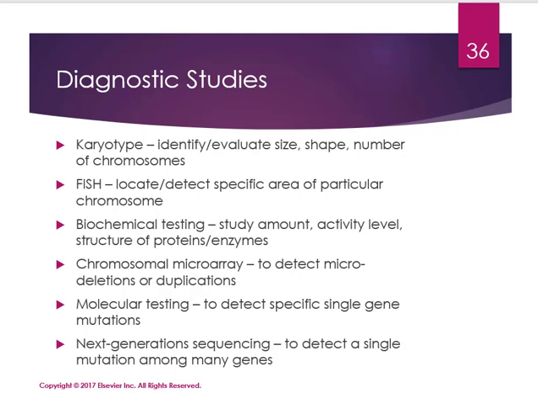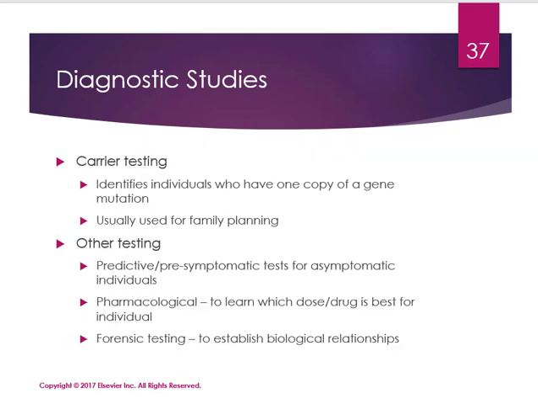Biochemical testing is studying the amount, the activity level, and the structure of the enzymes and proteins. A chromosomal microarray is detecting microdeletions and duplications. Molecular testing is detecting specific single gene mutations, and next-gen sequencing is detecting a single mutation among many genes.